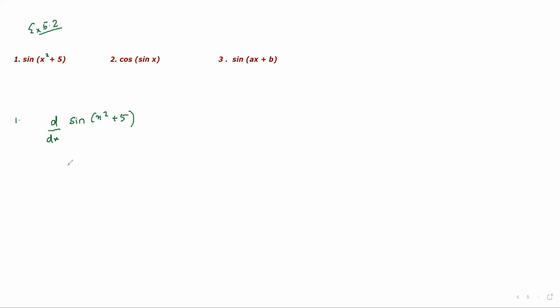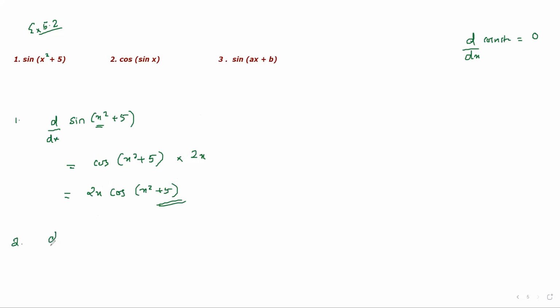So chain rule is applicable: sine into derivative gives cos of x square plus 5, into what is the derivative of x square? 2x, plus the derivative of 5. Since 5 is a constant, its derivative is always 0. Okay, so 2x plus 0, or simply 2x. So we can write the answer as 2x cos of x square plus 5. So that is question number 1.